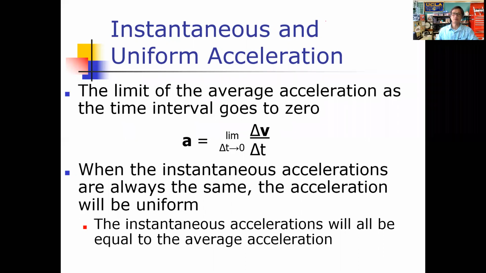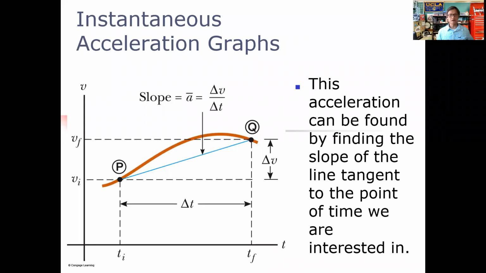But just like what we did with instantaneous velocity, we don't have to calculate for that. We can take a velocity time graph, pick a single point on that velocity time graph, and then we draw a line that is tangent to that velocity time graph, which we've done right there.